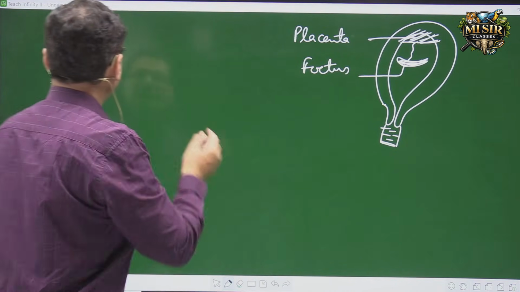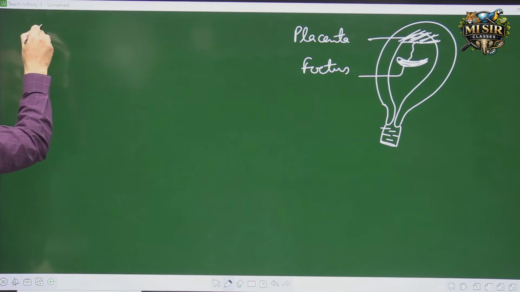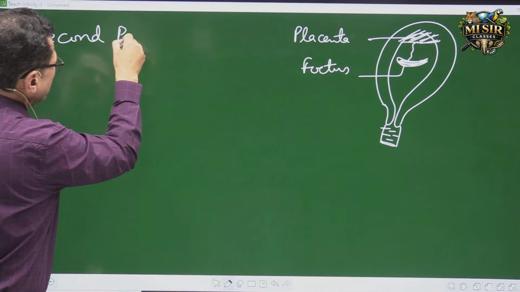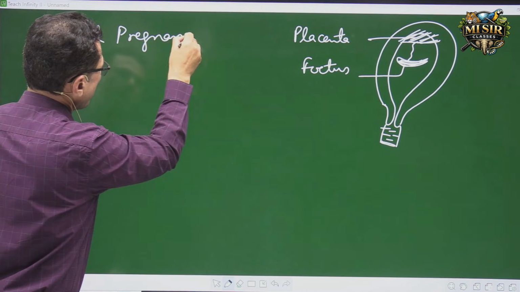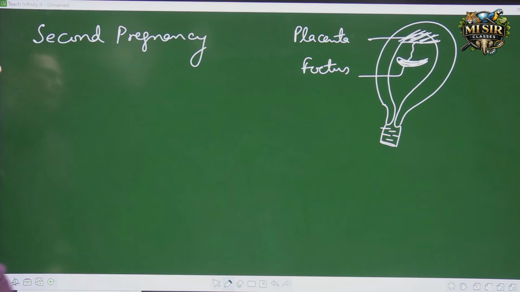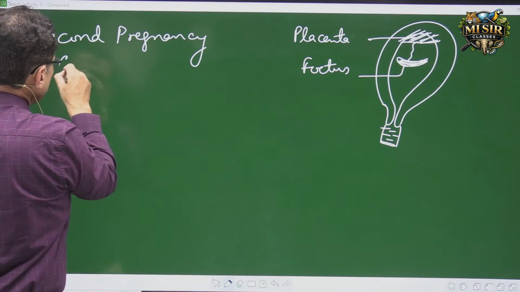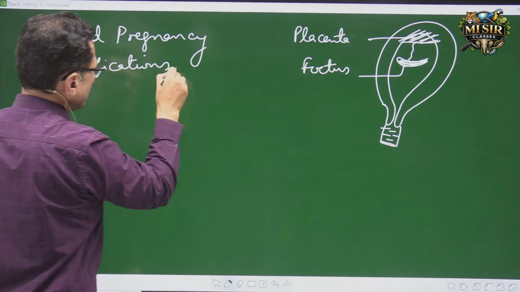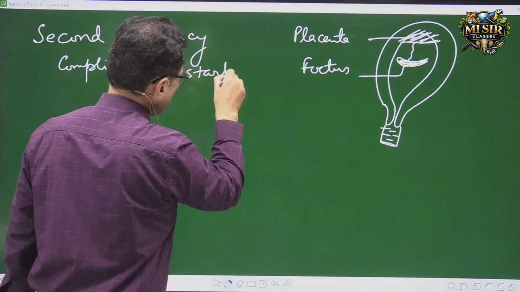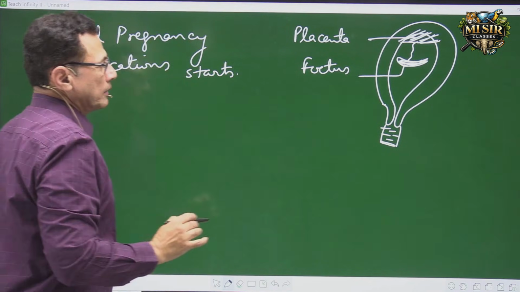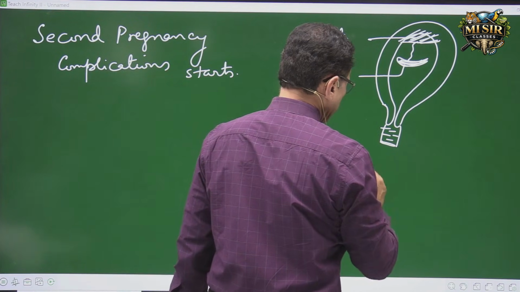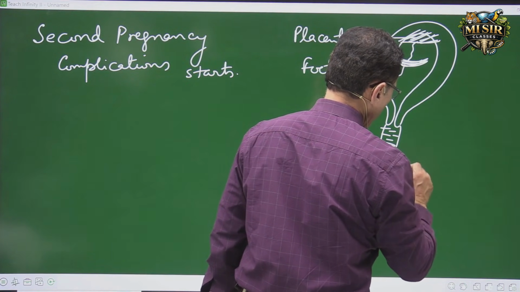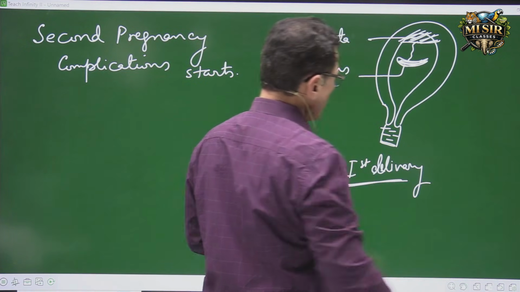At the time of delivery, this is the second pregnancy. Complications start. Now, this is the time of first delivery.